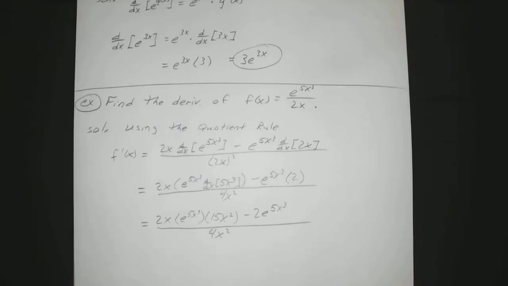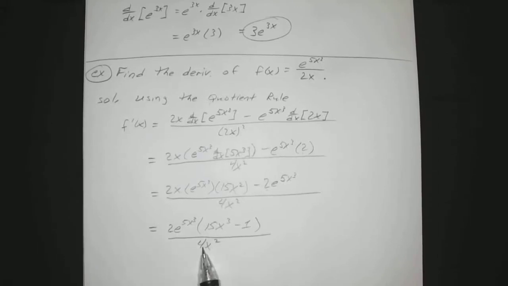Okay. So, if we wanted to simplify, we could actually factor out a 2e to the 5x to the third. Okay, which will leave us with 15x to the third minus 1 all over 4x squared.